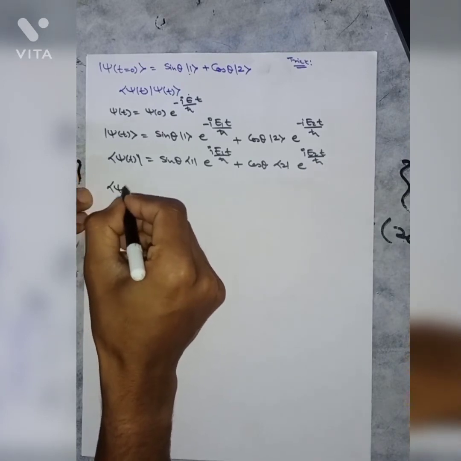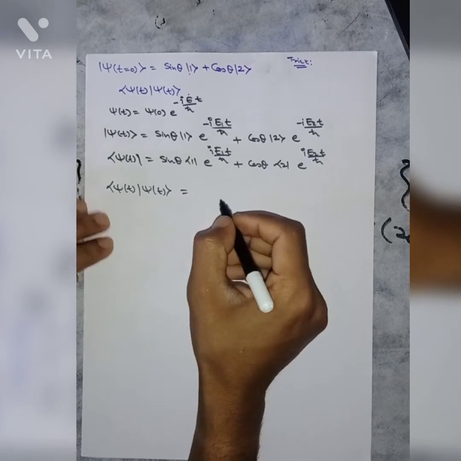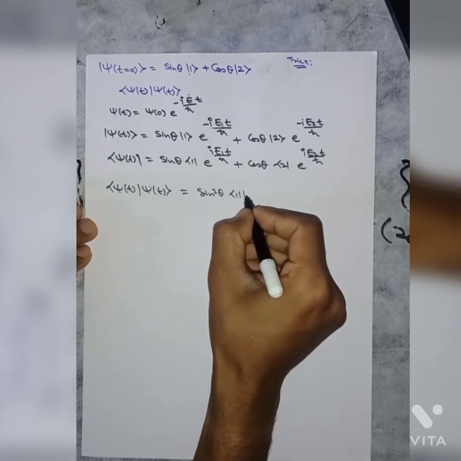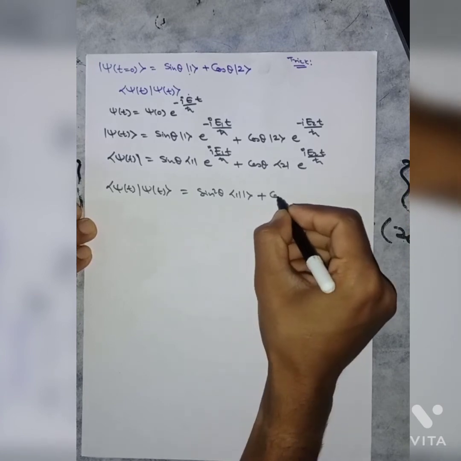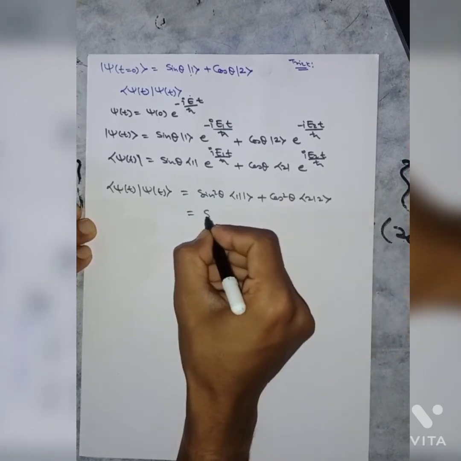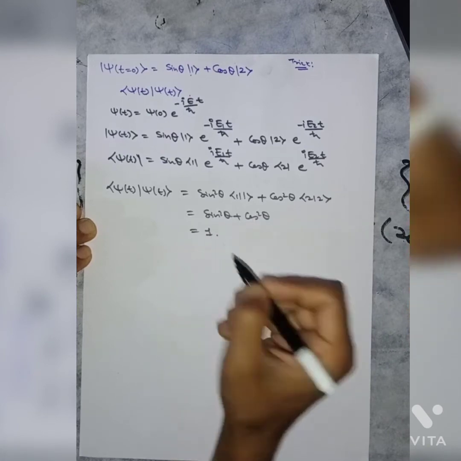So psi t will give me sin square theta 1 plus cos square theta 2 which is nothing but sin square theta plus cos square theta which is nothing but 1.